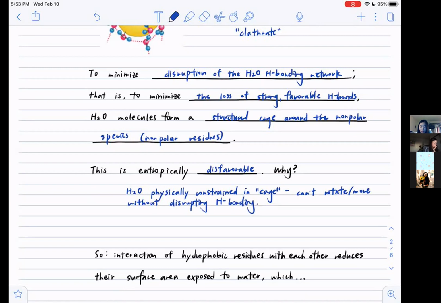And so another way to say this is that water is losing degrees of freedom. So this is entropically disfavorable.